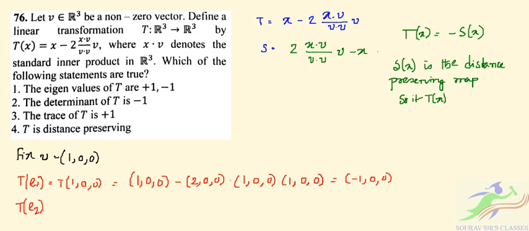Similarly we can calculate T of e2. So what will be T of e2? It will be 0 comma 1 comma 0.